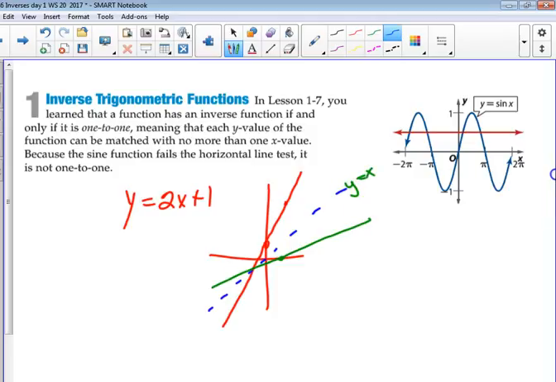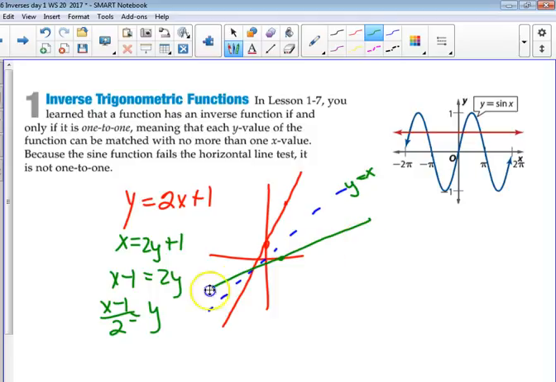Okay. What else did we do to find an inverse? We switched the x and y and solved for the y, and that gave us the equation of this green line over there.